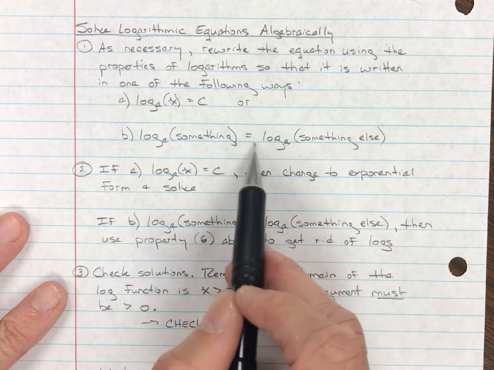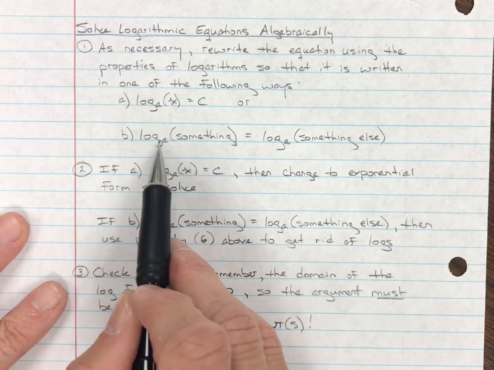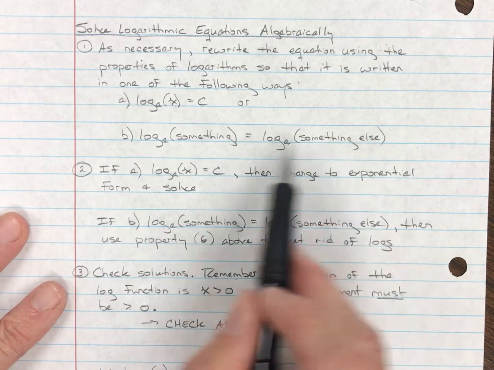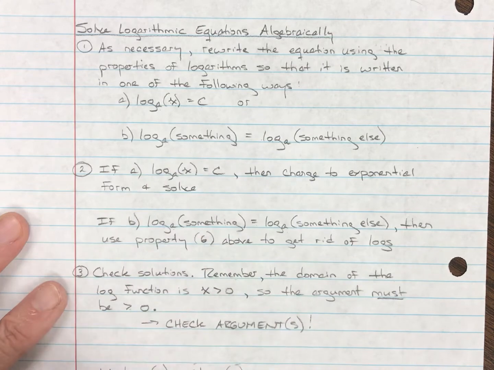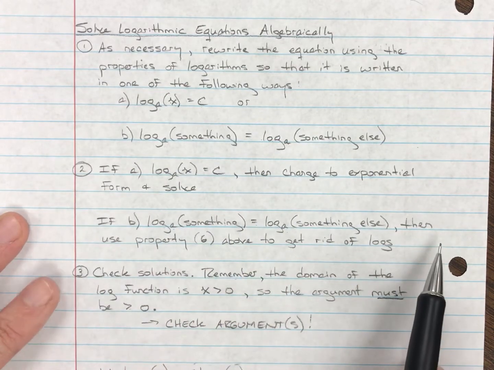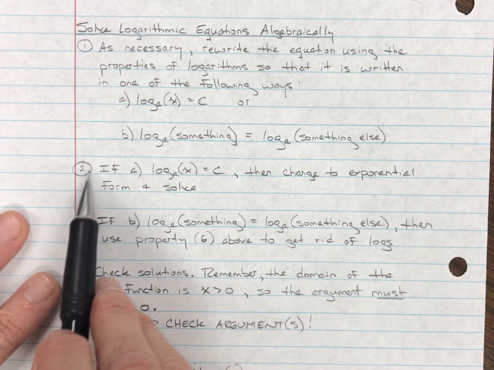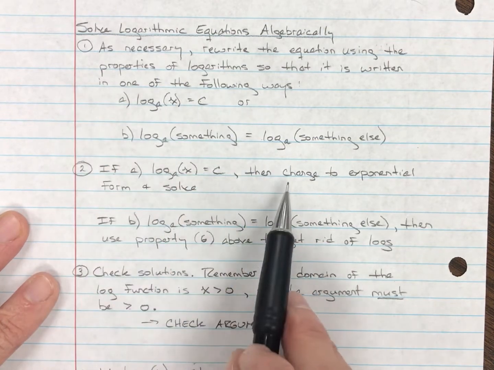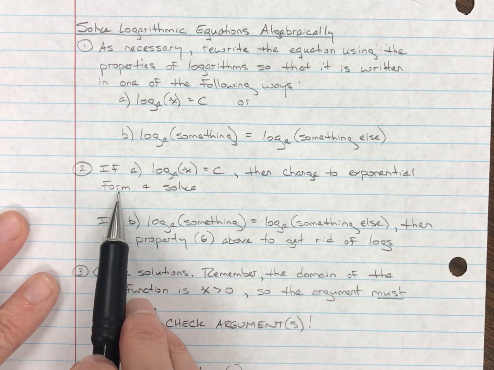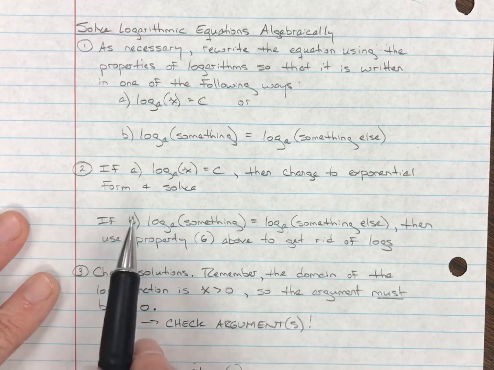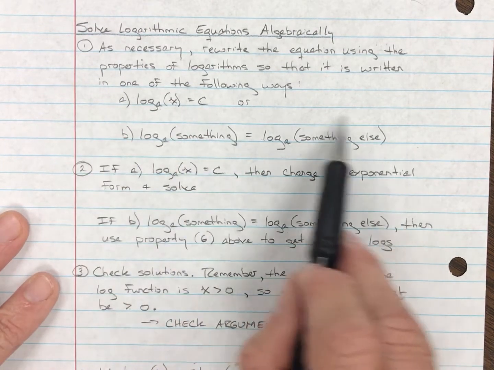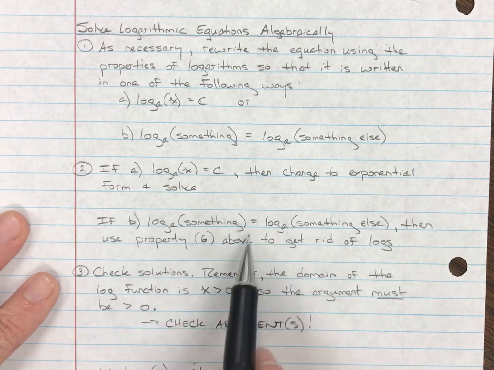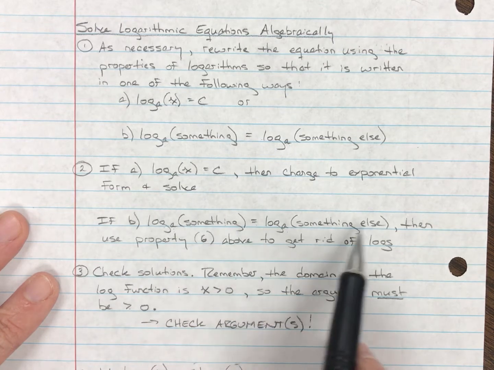You can't have a number in front here. If you have that, you can drop the logs, which is what we see in step 2. If you can write it in this form, then you can use property 6, which says you can drop the logs and have something equal to something else.